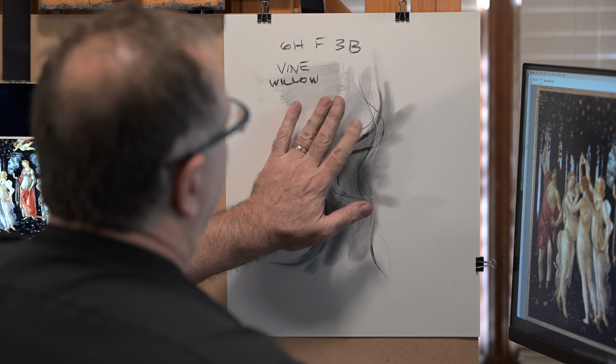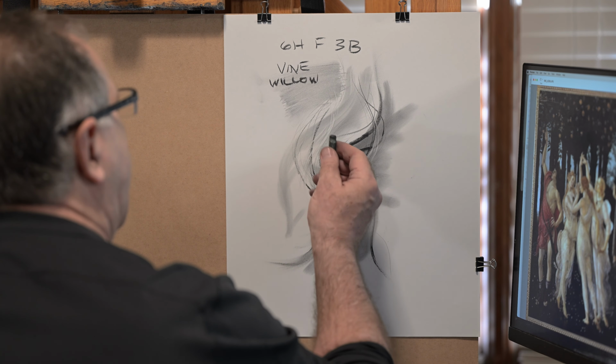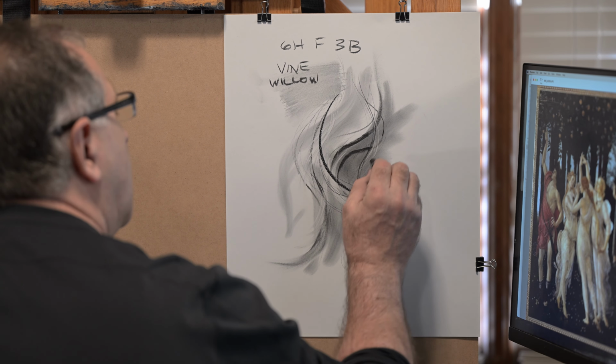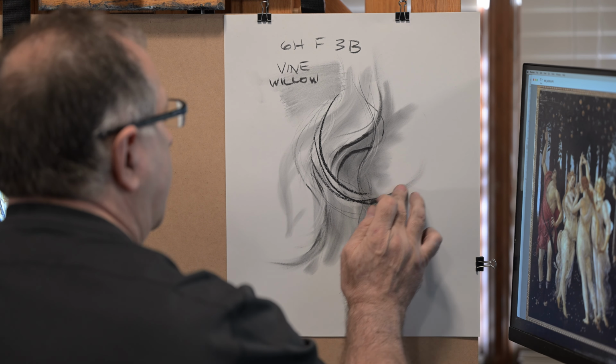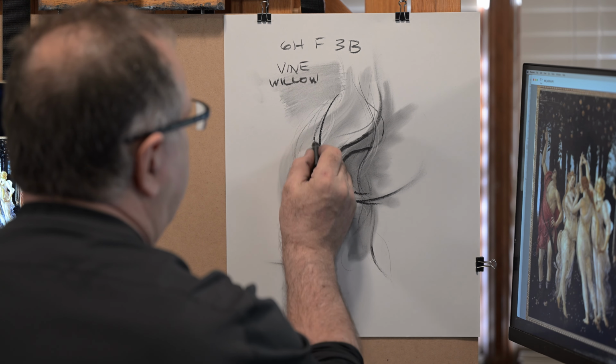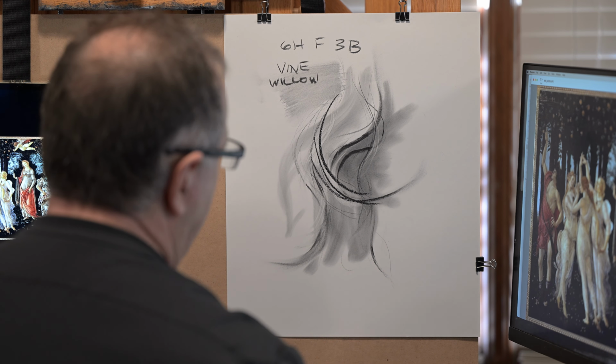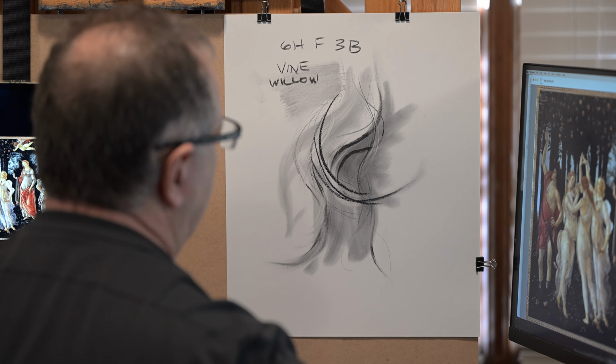I mix graphite and charcoal all day long, but I have trouble mixing oil pastel, because you've got this bumpy texture coming through, and it's not going to blend with other things. You might do better off with maybe just a black pastel as opposed to an oil pastel. So be careful with your mixes.